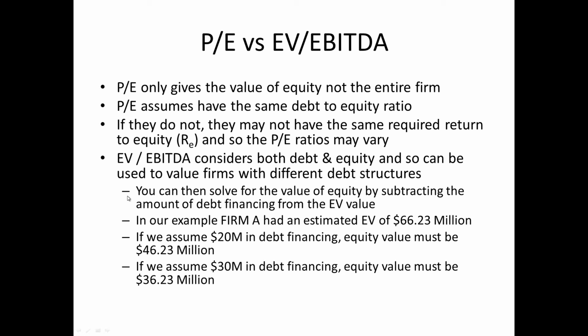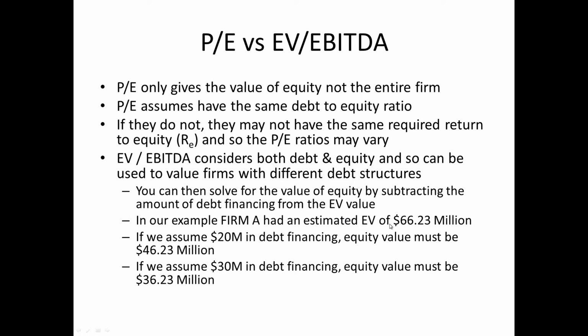The EV/EBITDA does consider both debt and equity, and so you can use it to value firms with different debt structures. Even better, you can use it to value based on your EBITDA, and then it will allow you to adjust the value of equity depending on how much debt financing you decide you're going to take. As an example, you can solve for the value of equity by subtracting the amount of debt from the EV.